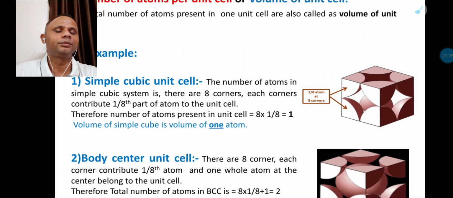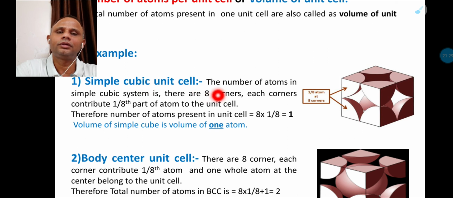For example, simple cube. In simple cube we know all the atoms are present at the corners of the unit cell. That means, in the simple cube there are 8 corners of the cube. Each corner contributes 1 by 8, 1 divided by 8 part of the atom, to the unit cell.